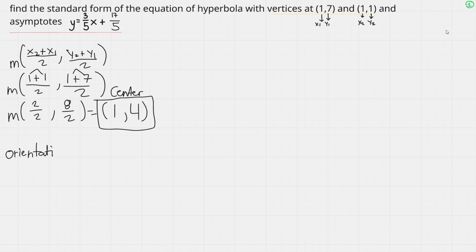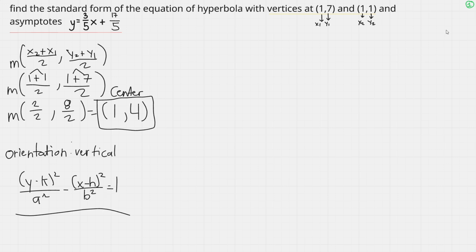Let's find the orientation of our hyperbola. Looking at our vertices, we can see that our x didn't change, but our y changed. Therefore, our hyperbola will be vertical. So the formula we will use will be (y minus k) squared over a squared minus (x minus h) squared over b squared equals 1.